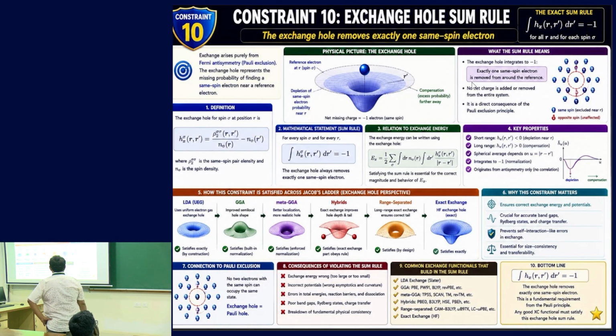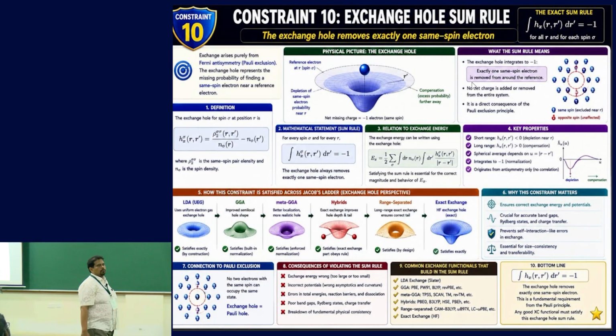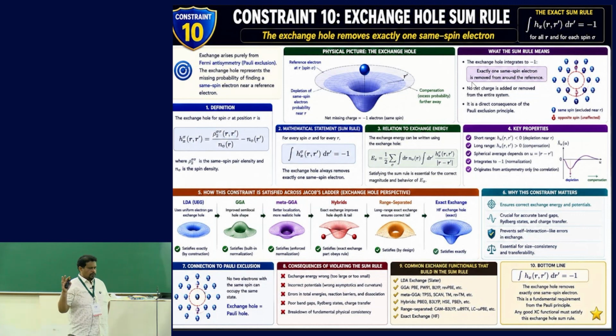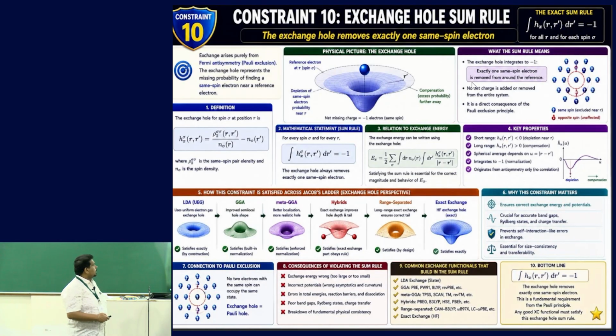This exchange hole sum rule is also somehow connected to self-interaction error, quasi-particle and exciton binding energy. With this exchange hole physics, you can do dielectric screening, Lindhard screening, all these screening things also come into the picture. In our recent work we used this to do the intrinsic screening of the dielectric-dependent hybrid.